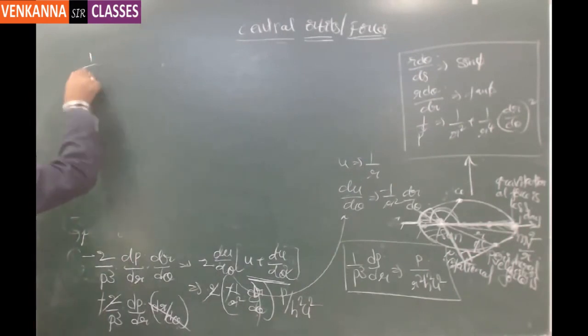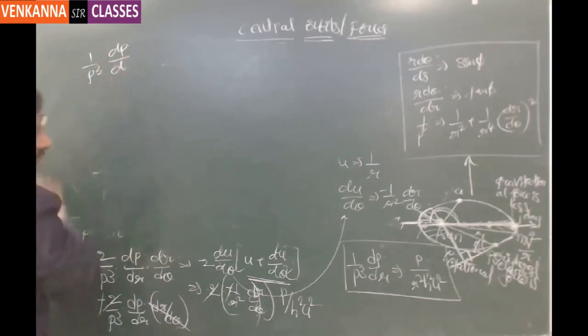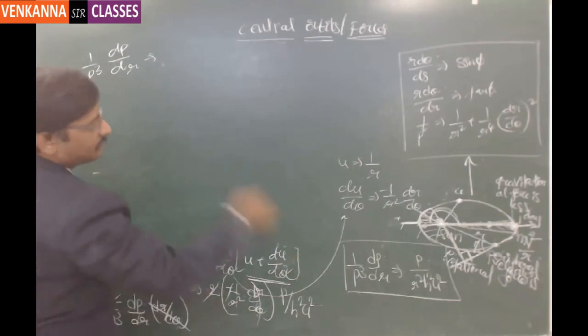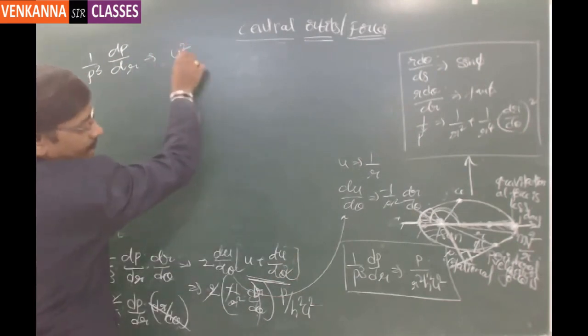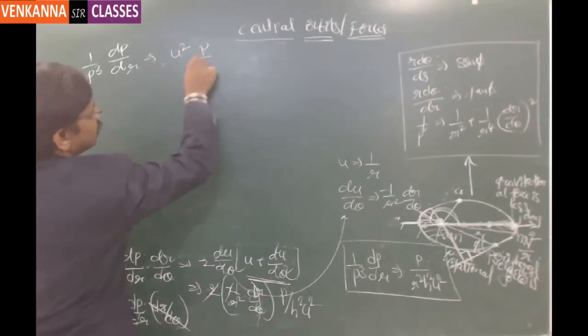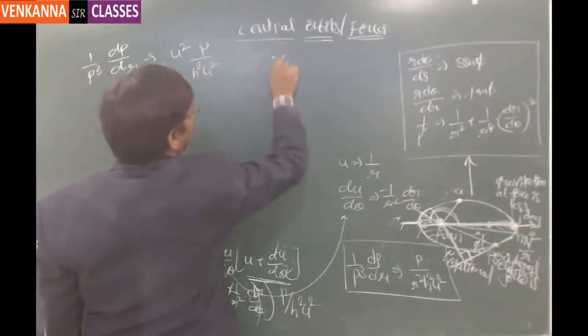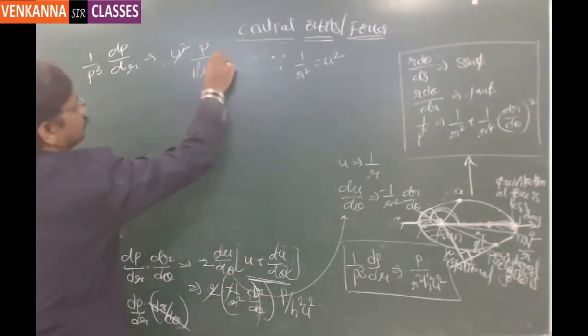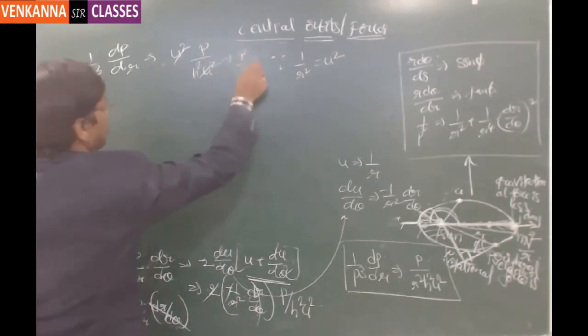So 1 by p cube into dp by dr is equal to, 1 by r square can be written as u square, since 1 by r square equals u square, into p by h square.